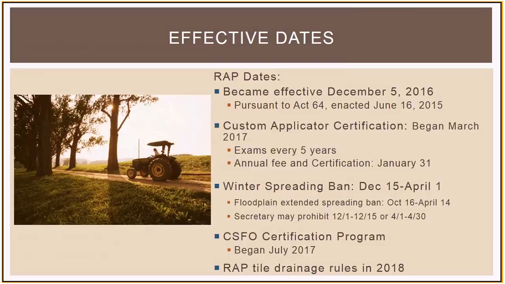Some of the dates that are important to focus on are the Custom Applicator Certification Program, and so that's for manure applicators all over the state, so they have to now be certified. And so there's various components of the certification program that Nina will talk about a little bit later in the presentation. But so the certification program officially began in March of 2017.